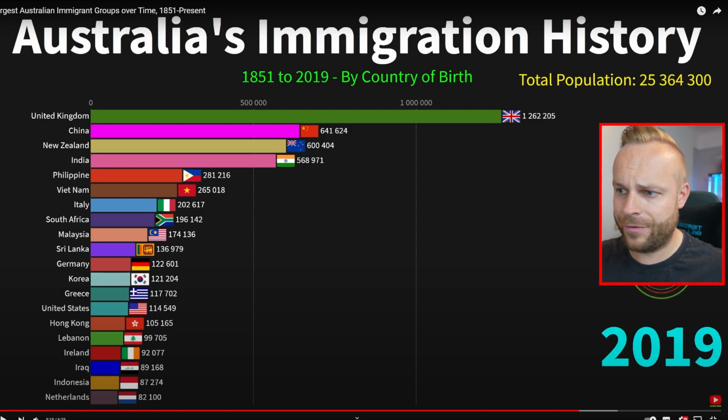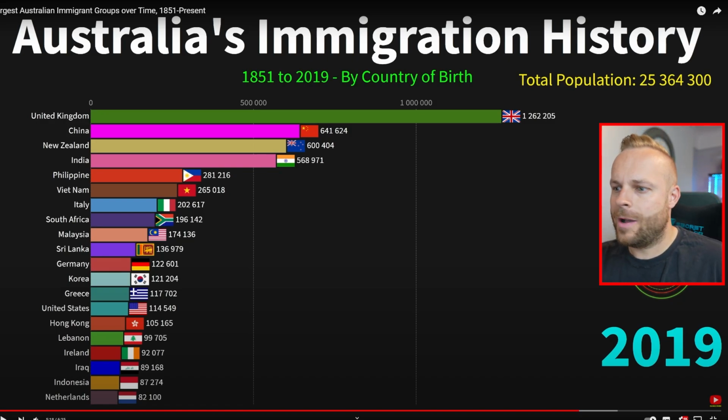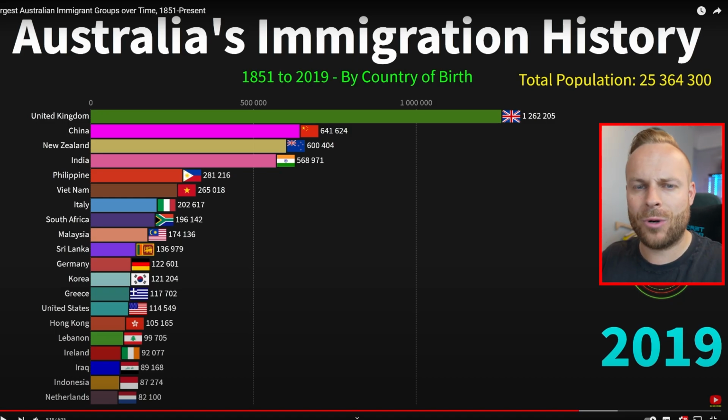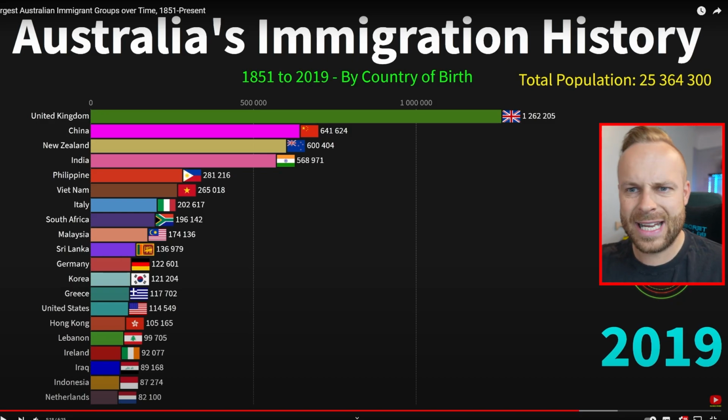You initially had the penal colonies, then people leaving after the war for a better life, but that was also a lot of Central Europe. The war was devastating, and Australia promised sunshine, a better life for people. And you saw so many from Central Europe, and you're not really getting that now.